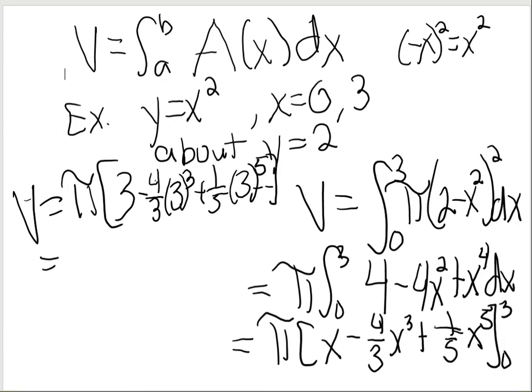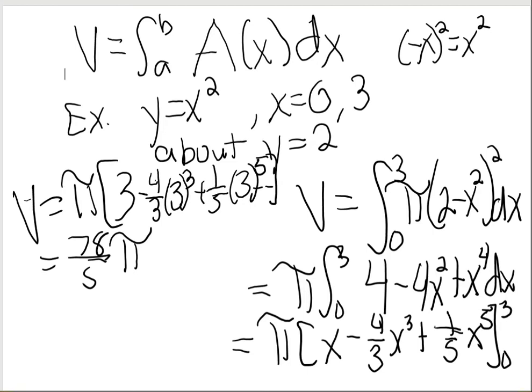Oh, apologize about that. That's a plus 1/5. So plus 3 to the fifth over 5 is going to give us 78/5 pi. And so that's the volume revolved around y equals 2.